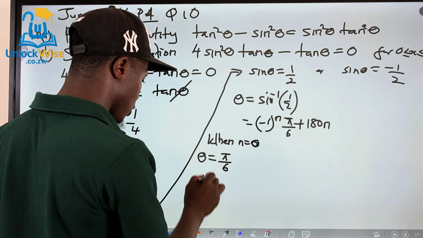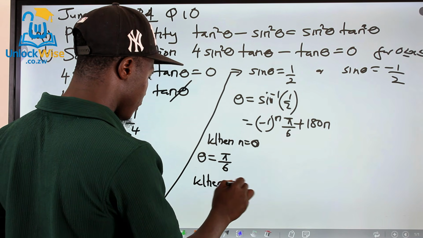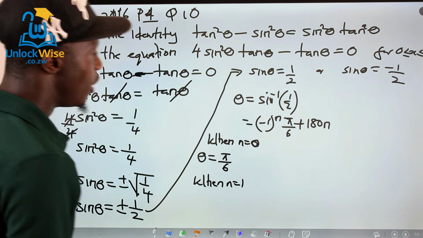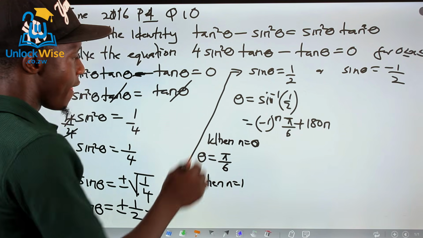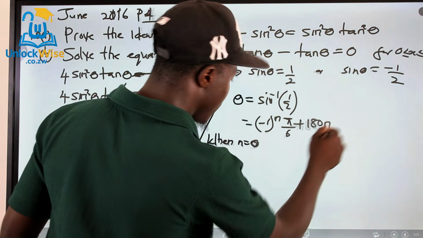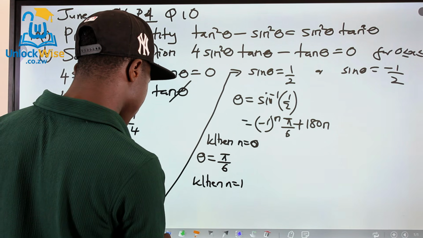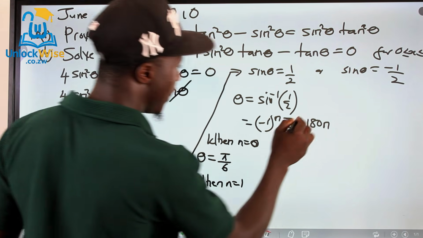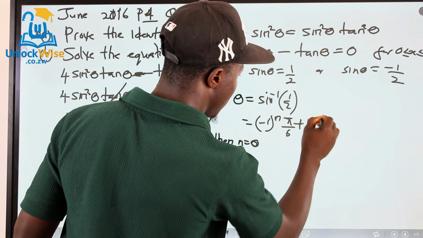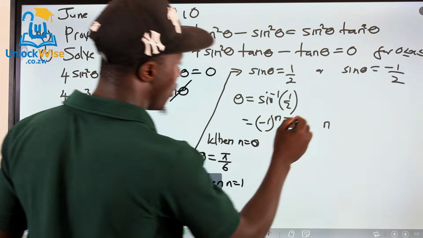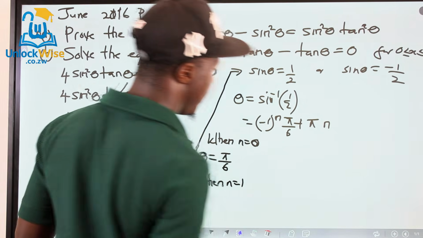What if n is equal to 1? We need to replace the 180n by pi, since we are in radian mode, so that it becomes pi n.